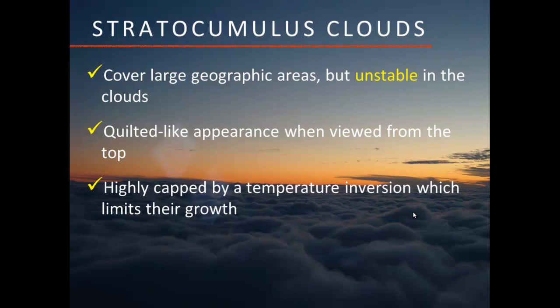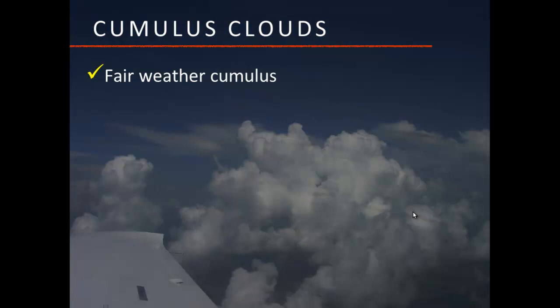That's because they are highly capped by a temperature inversion, which limits their growth. So they kind of look like this magic carpet over a long range. Sometimes stratocumulus can cover 1,000 miles or so, but that inversion is the signature that limits the growth of these clouds and keeps them capped.